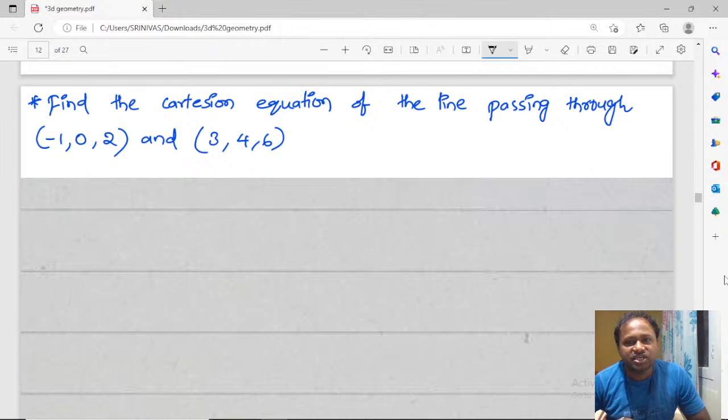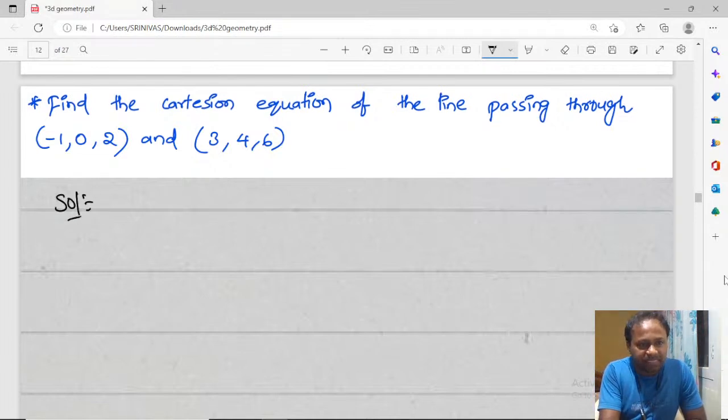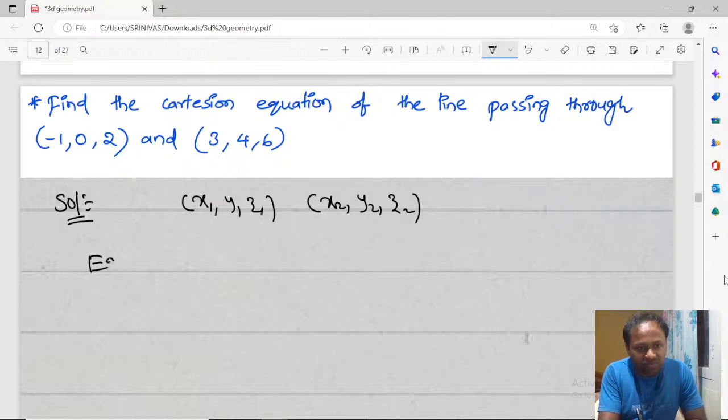Find the Cartesian equation of the line passing through 2 points. Whenever 2 points are given, x1 y1 z1 and x2 y2 z2, what about the equation of the line?